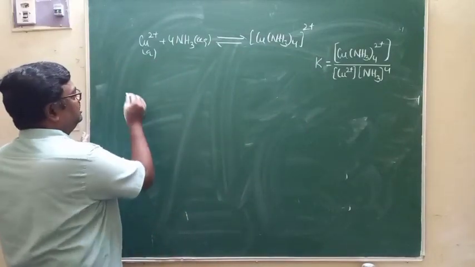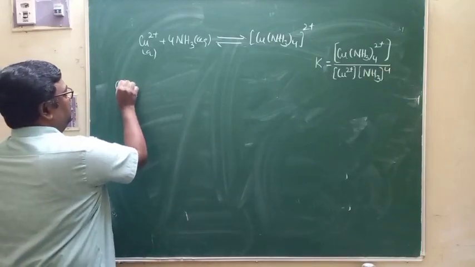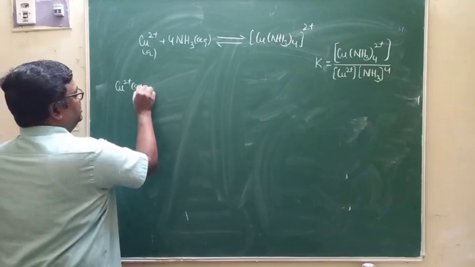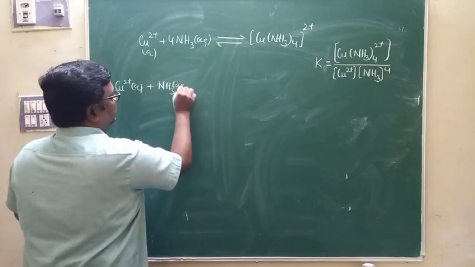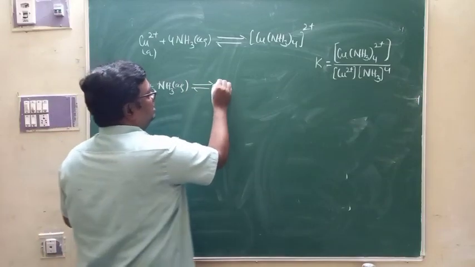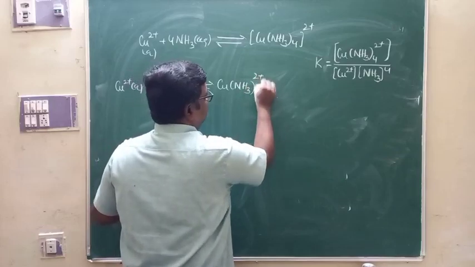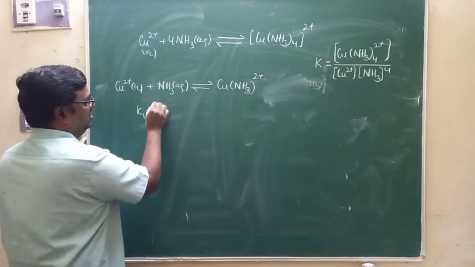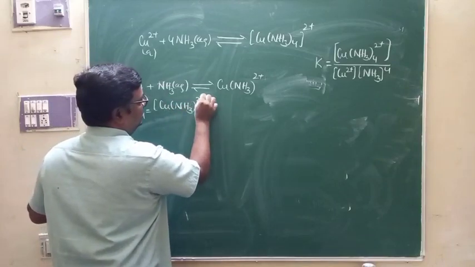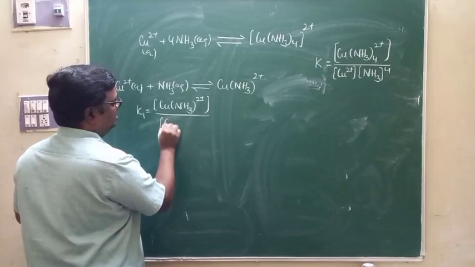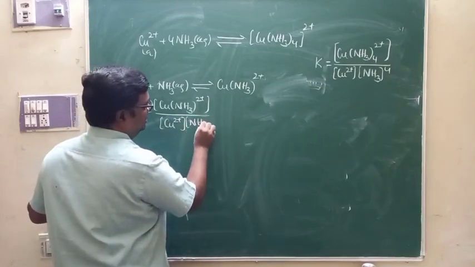And of course, as far as stepwise association constants are concerned, in the first step we have Cu2+ in aqueous medium reacting with 1 mole of ammonia in aqueous medium. Look at this. That leads to Cu(NH3) 2+. And K1 is equal to Cu(NH3) 2+ divided by the molar concentration of Cu2+ into the molar concentration of ammonia.